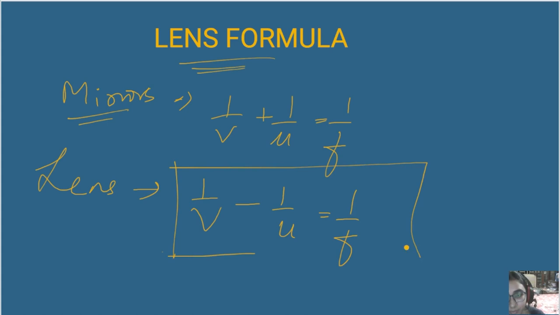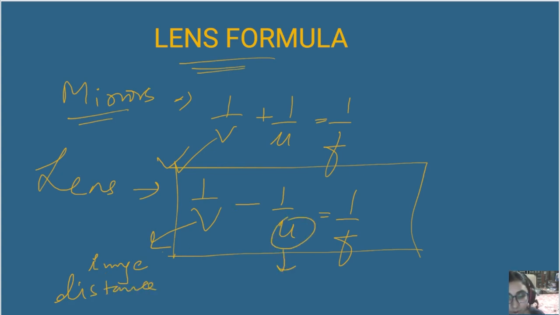All you have to remember is this much, where v is the image distance, u is the object distance, and f is the focal length.